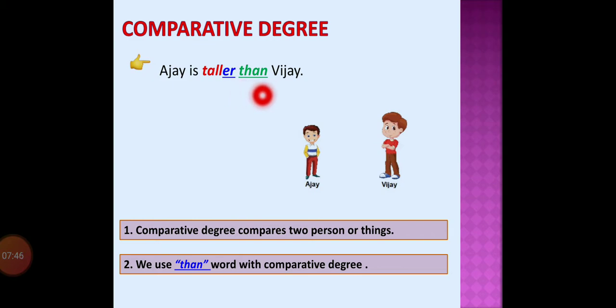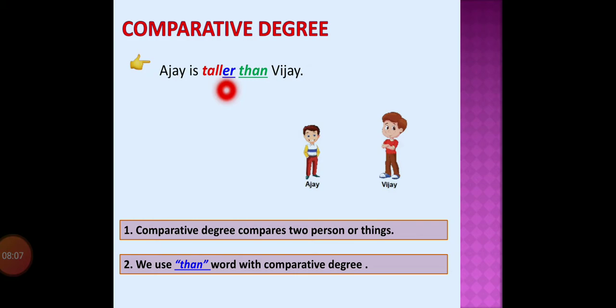And the second thing is, tall is a regular adjective. But to show the comparison between two things, we add "er". What we add? We add "er" to the basic adjective.